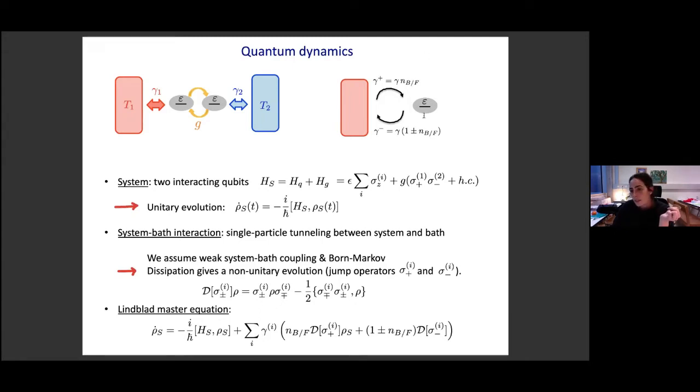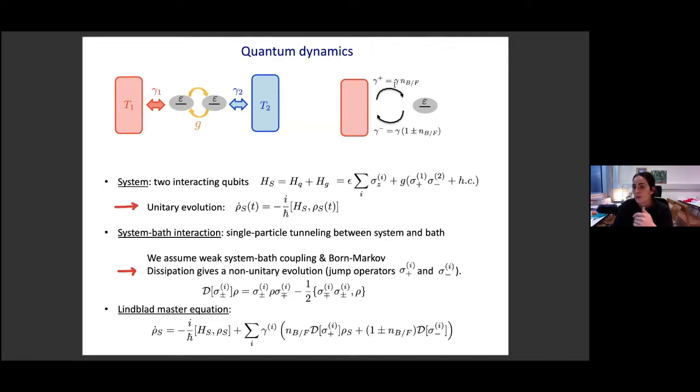And when the system loses an excitation, it's described by sigma minus, and it comes with a rate. These rates, gamma plus and gamma minus, are given by the Bath rate, and they depend on the types of baths that you consider. So in particular, they will depend on the quantum statistics of the bath.